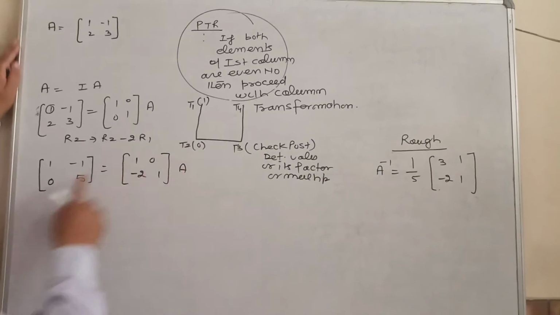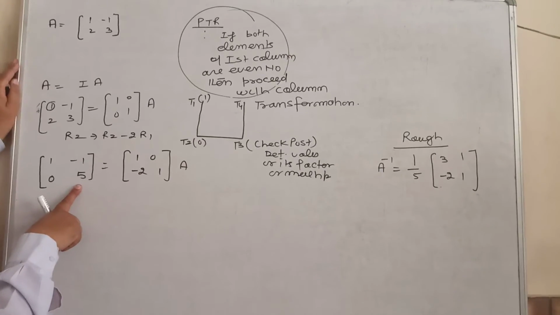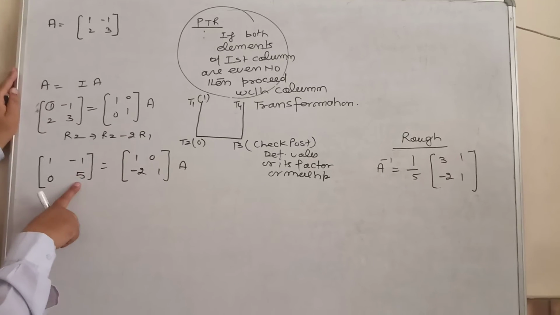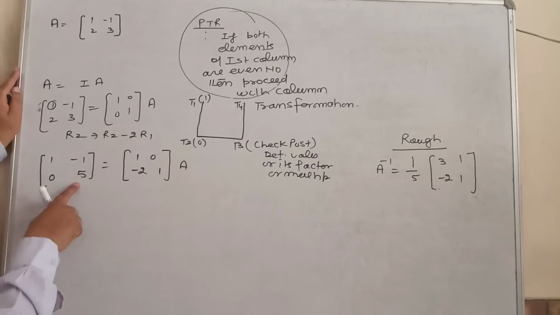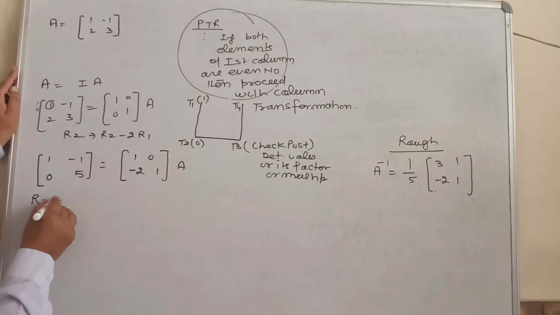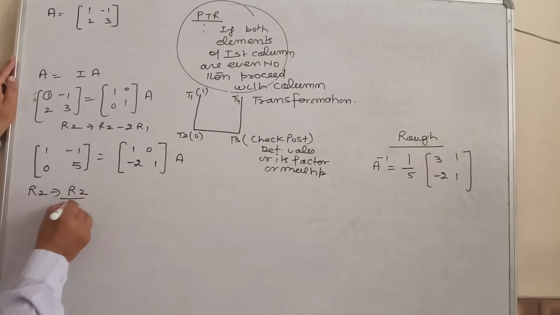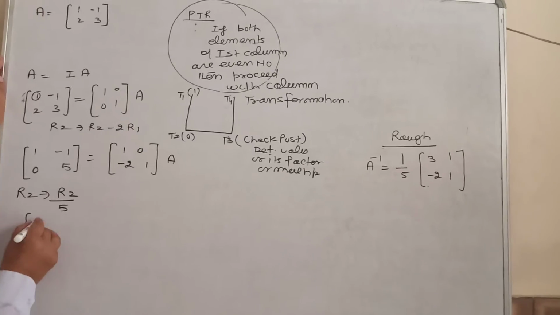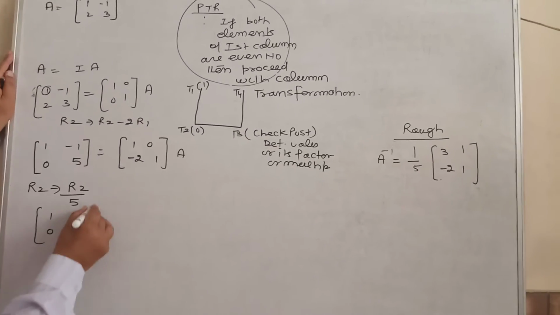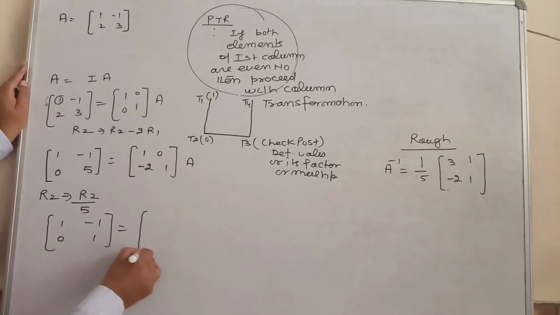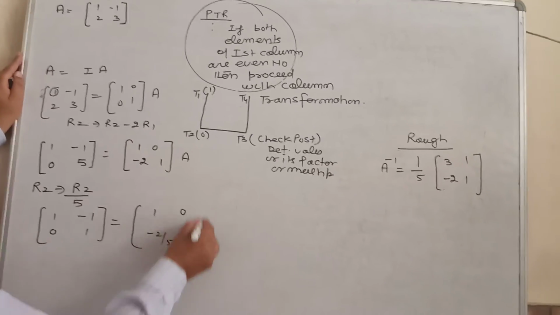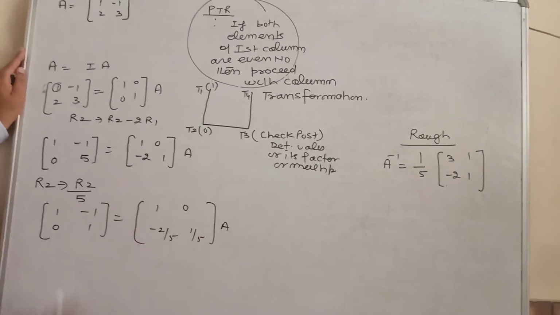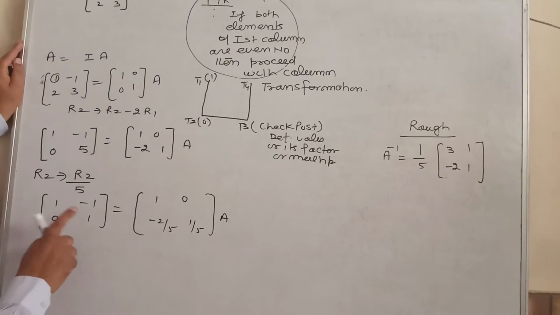Now see that you have done it the right way, because at the check post we have come across the determinant value or its factor or multiple. R2 divided by 5 gives 0, 1 and minus 2 by 5, 1 by 5. Now you have achieved target 3.